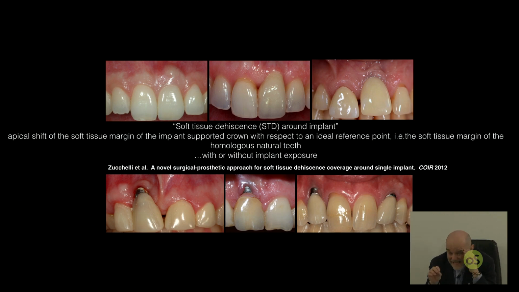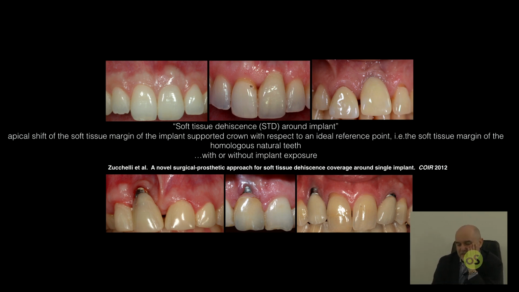So now comes the definition of soft tissue adhesion around the implant, and soft tissue adhesion around the implant is not the metallic exposure of the implant surface. It is too late.